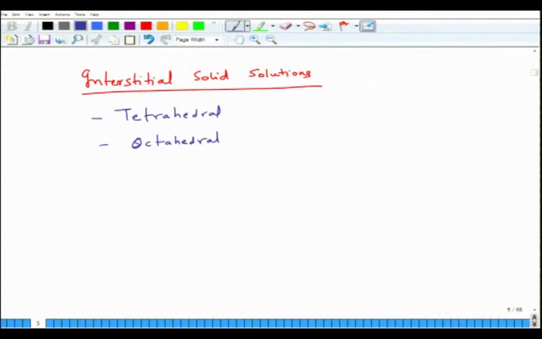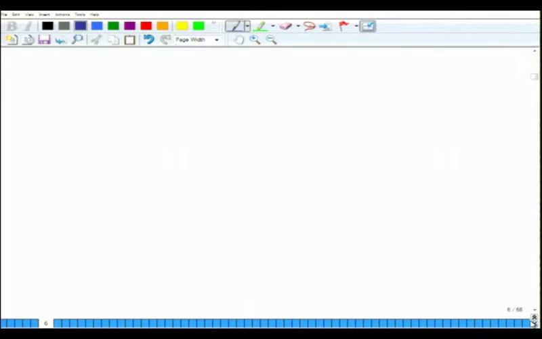So, depending upon the size of the atom and the structure of the host phase, whether it is FCC, BCC or HCP, the impurity atom may decide to go to any of these sites. So, let me give you now some examples of the manner in which solid solutions may form.